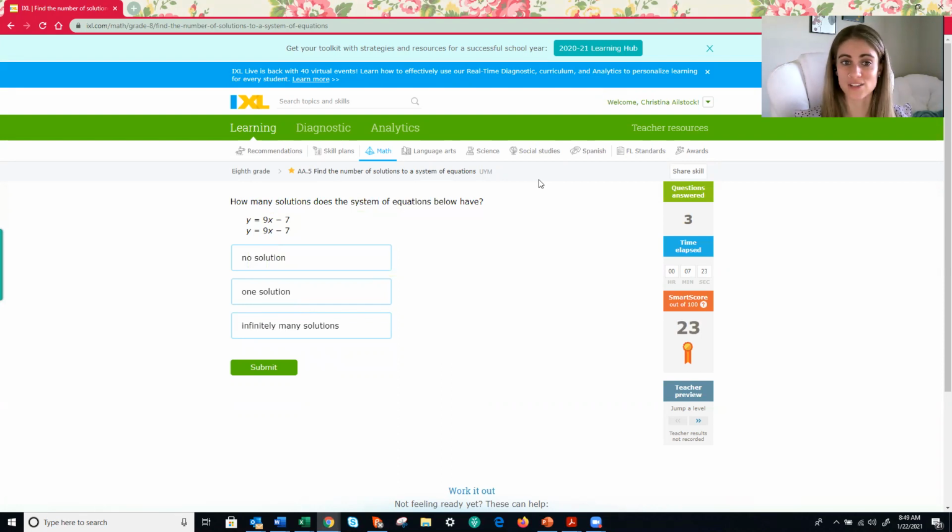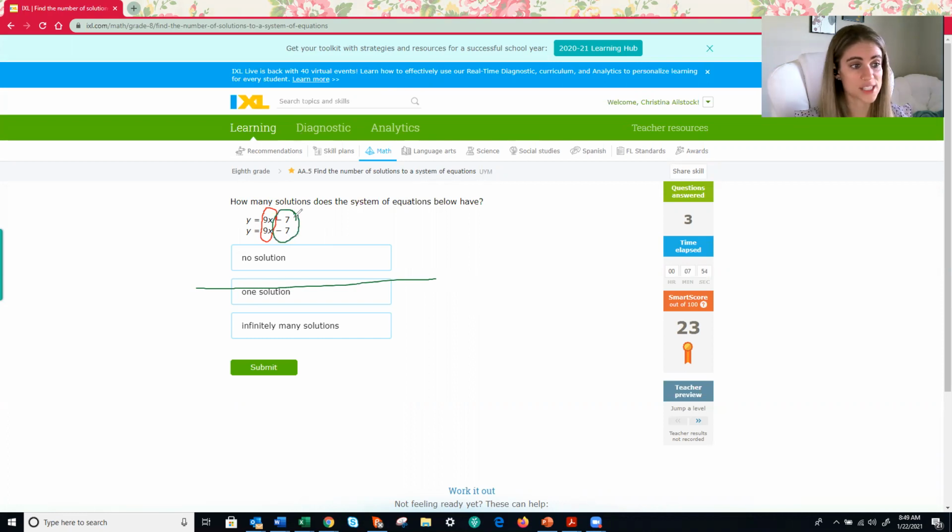All right, this will be our last one. No solution, same slope. One solution, different slopes. Infinitely many, the exact same line. All right, we have the same slope here. They both have a slope of 9. But we've got to check the y-intercept because that'll help us know whether it's no solution or infinitely many. So we've already crossed off one solution because the slopes are the same.